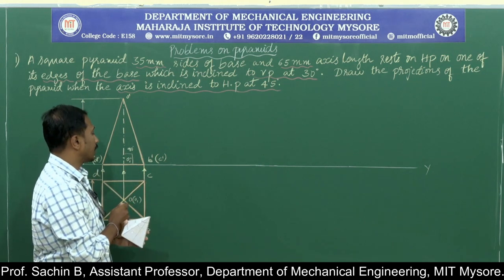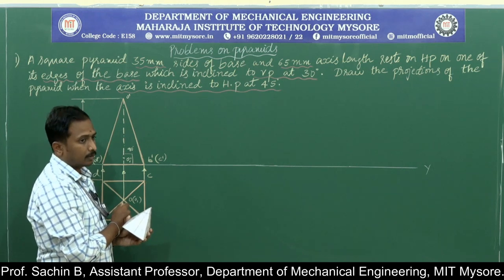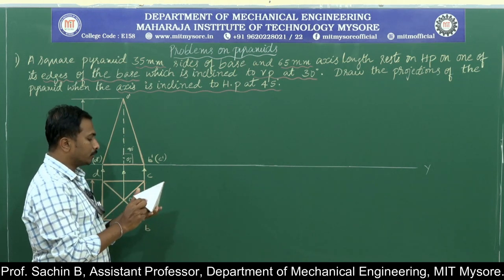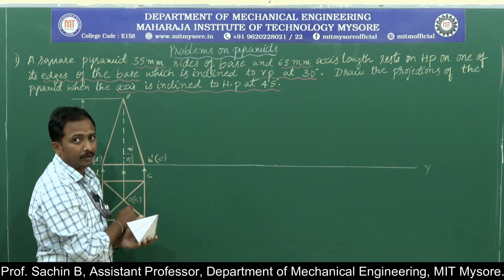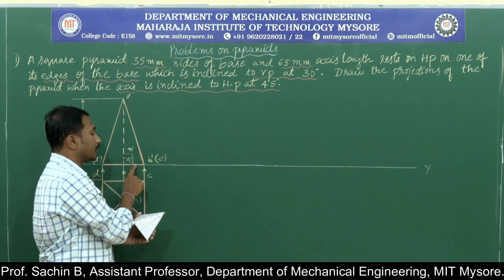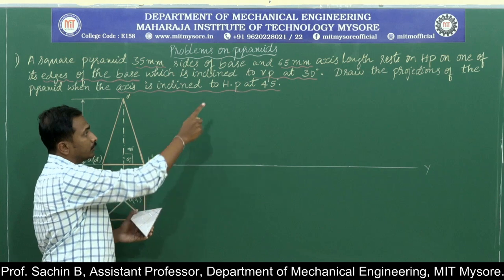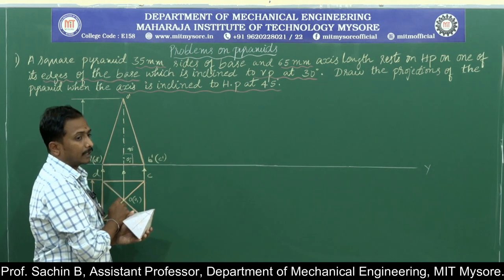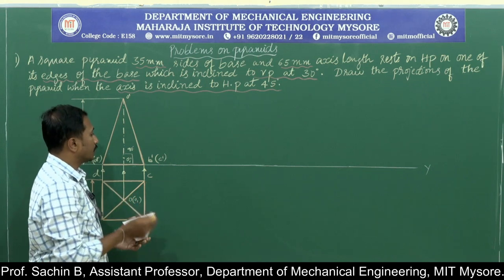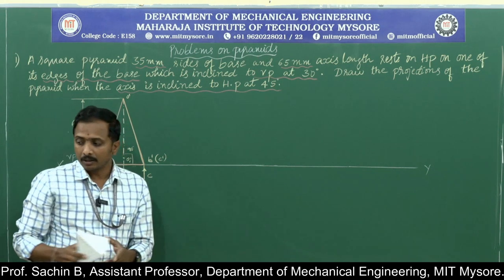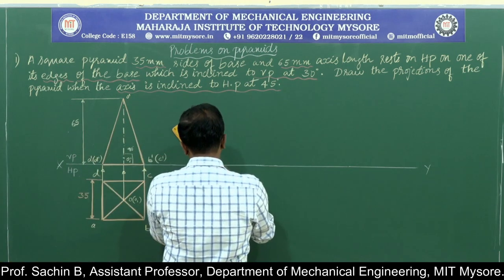Now I am going to subtract that, 90 minus 45, it is going to give 45 again. Based on that, I am going to write the base first inclined at an angle of 45 degree because axis is inclined to base at 90 degree in the first position. Based on that, I am going to minus the 45 degree angle. By minusing it, I am going to get 45 degree again. Because of that, first I am going to consider the base edge inclined at an angle of 45 degree.